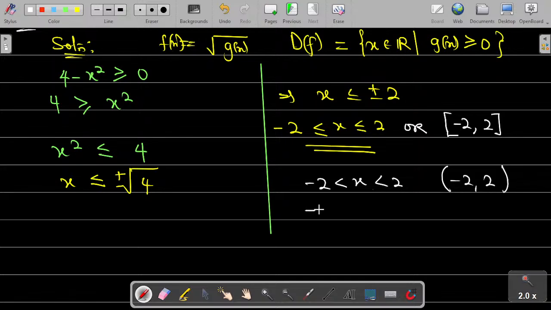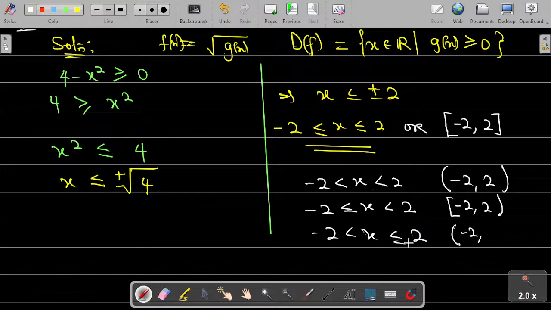But what if you have minus 2 less than or equal to x, and then this one is strictly less? The side that has less than or equal to will be closed, and the side that has strictly less than will be open. The same thing happens with something of this nature: the side that has strictly less than will be open, and the side that has less than or equal to will be closed.